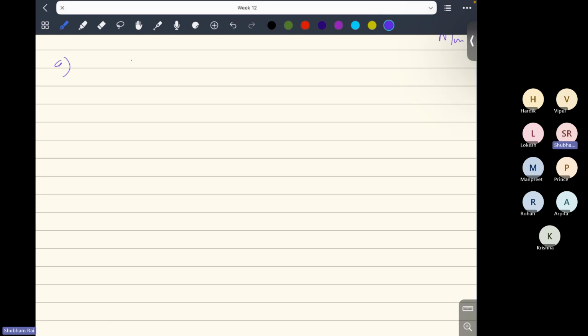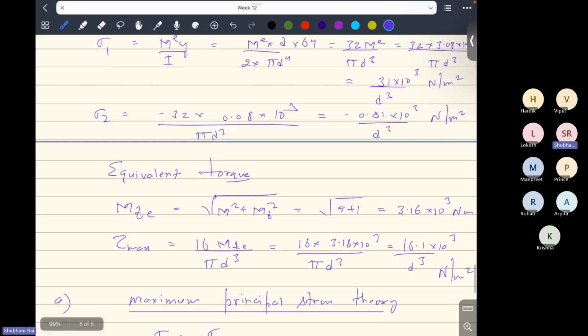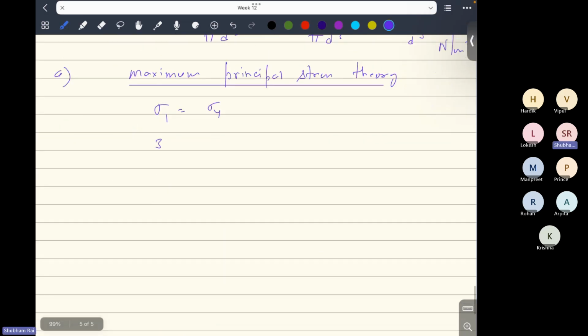If we apply that, sigma 1 will be equal to sigma y, and sigma 1 we have derived was 31 into 10 to the power 3 divided by d cube.